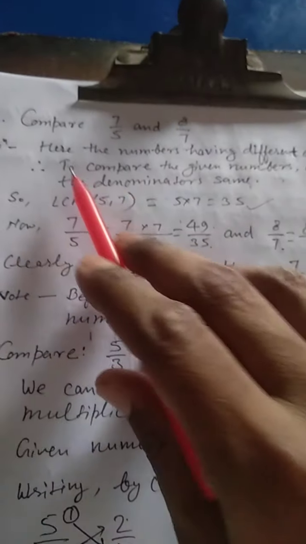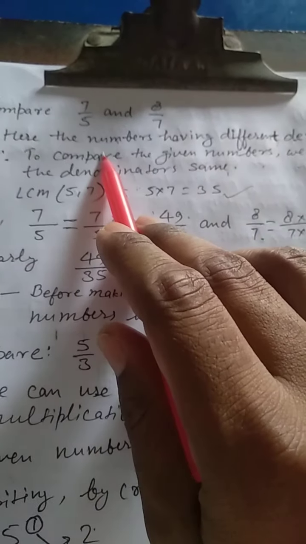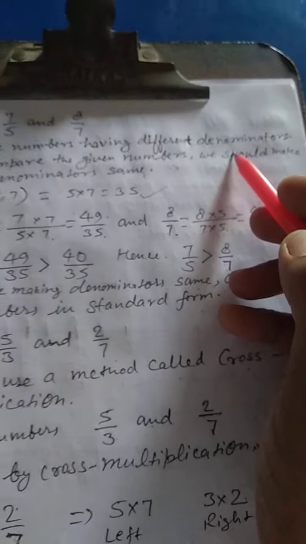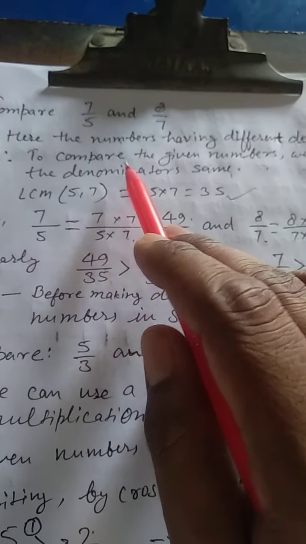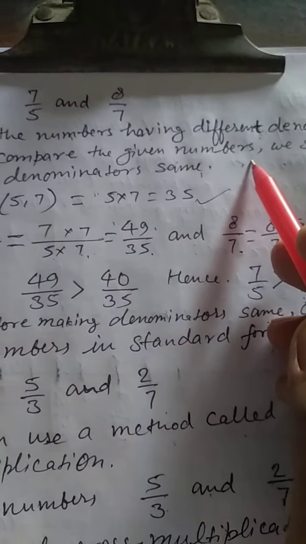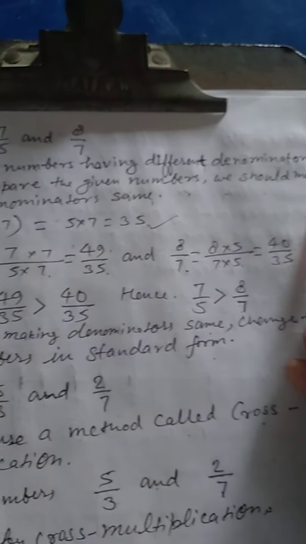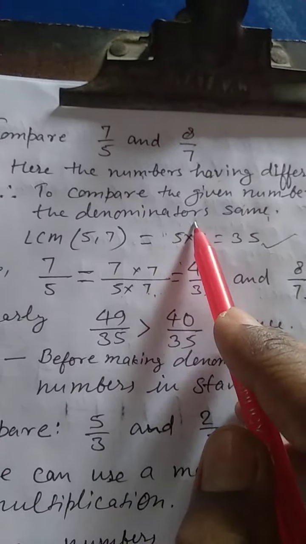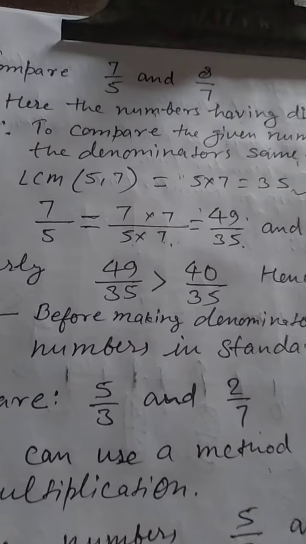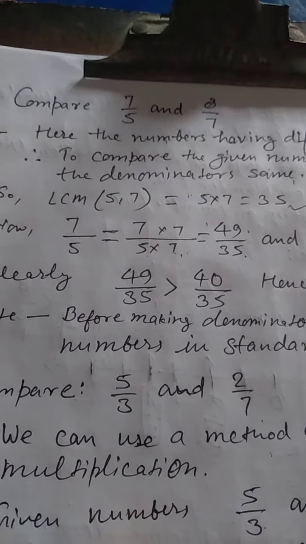Here the numbers have different denominators. To compare the given numbers, we should make the denominators the same. It means we have to change their denominators by finding equivalent rational numbers.